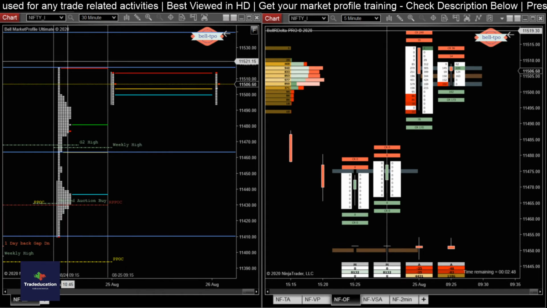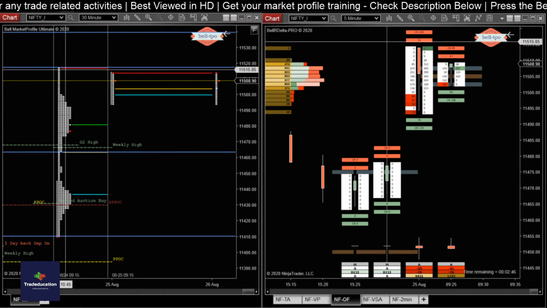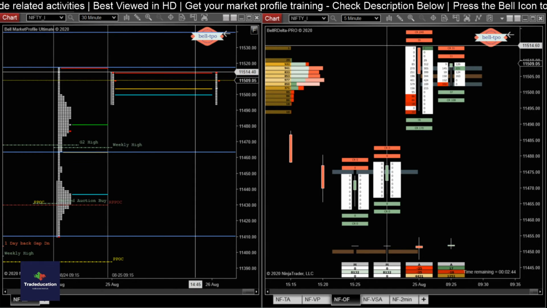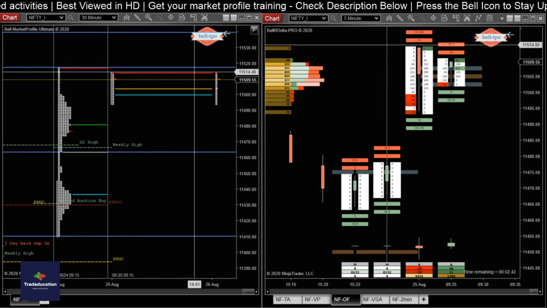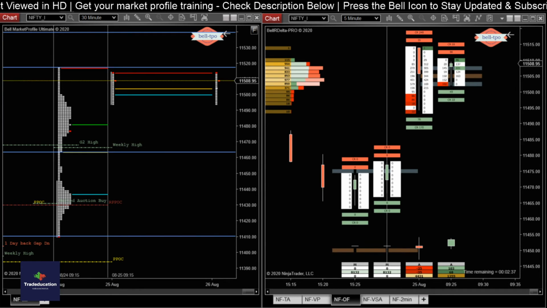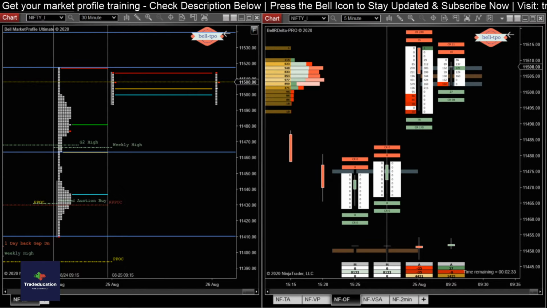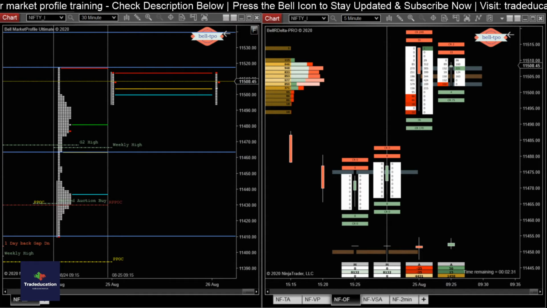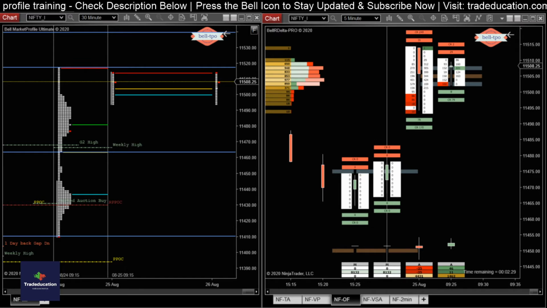So this is a selling zone, or supply zone, and the auction tagged it, and only this much unfinished auction is there. I'm just checking if there are any comments. No comments.